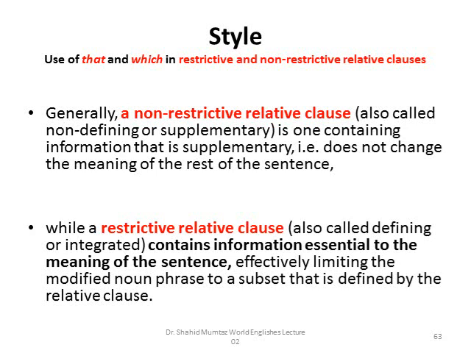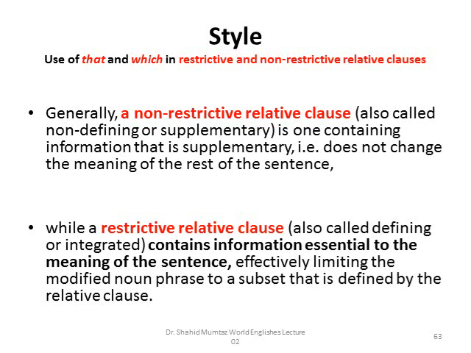Generally, a non-restrictive relative clause, also called non-defining or supplementary, is one containing information that is supplementary. So non-restrictive means the clause has supplementary information that does not change the meaning of the rest of the sentence, whereas a restrictive relative clause, also called defining or integrated, contains information that is essential to the meaning of the sentence.